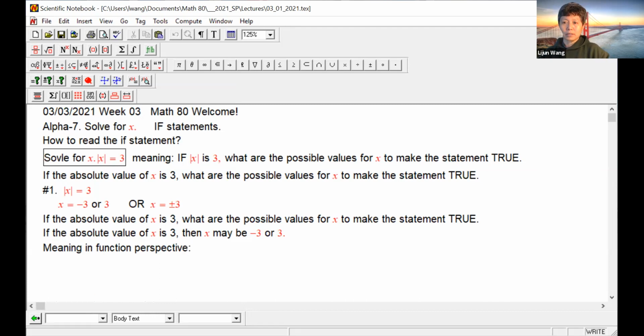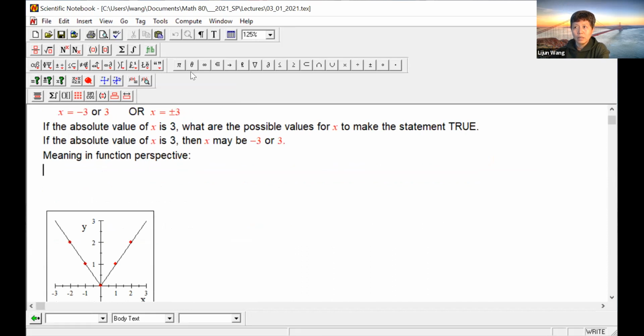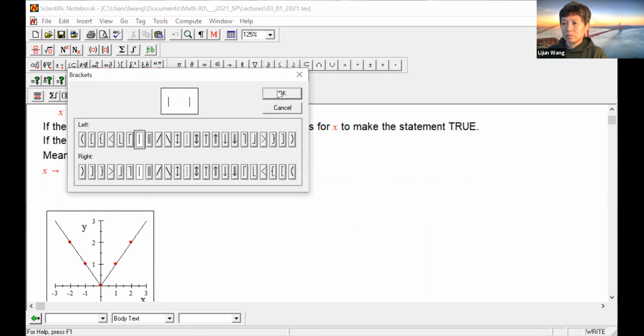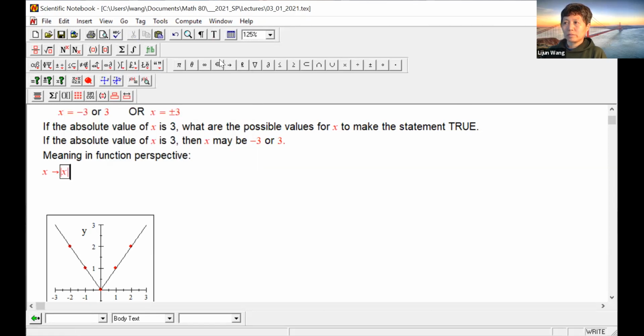Absolute value certainly is a function. It takes the input, x, and it produces output: input, output.